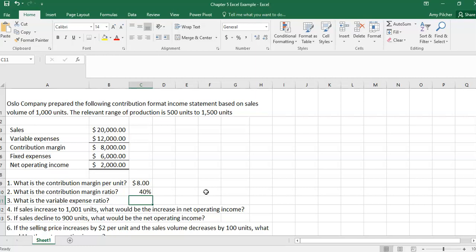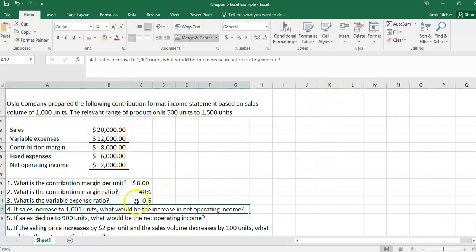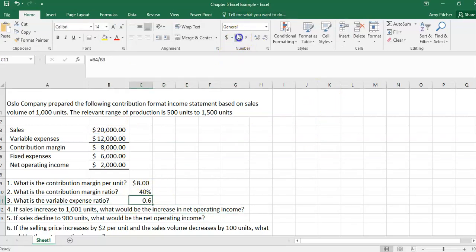So when we do this calculation, it should equal 60% to add up to 100%. So variable expenses divided by sales, 60%. So this means that every dollar of sales, 40 cents goes to covering fixed costs and 60 cents covers variable expenses.